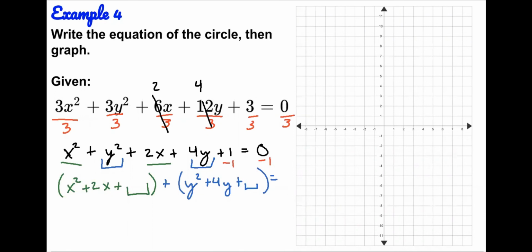So over here I have -1 equals -1. And I'm going to add my two constants that I'm going to complete or do once I complete the square.